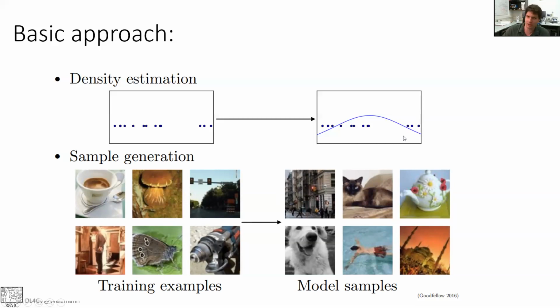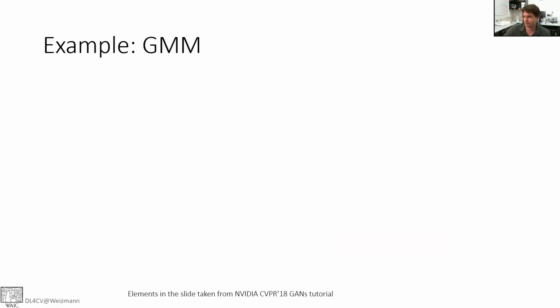Of course, doing this by Gaussian estimation will probably not get you to be able to generate images. This is because the manifold of natural images, or any type of images, is typically not just a simple Gaussian. It's something much more complicated than this.